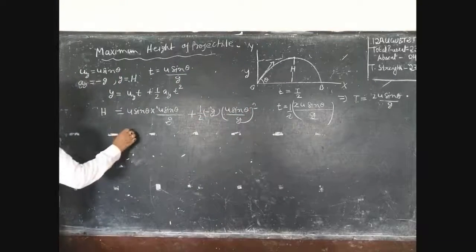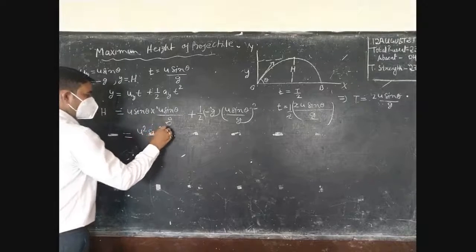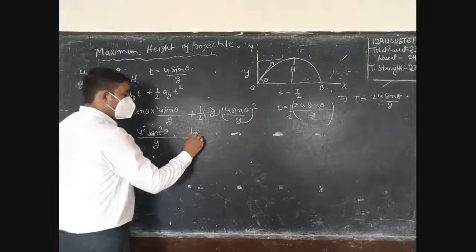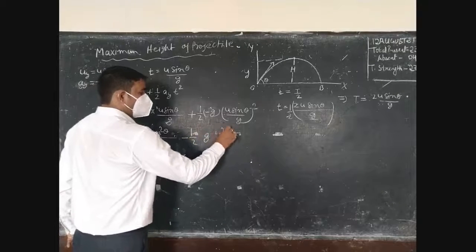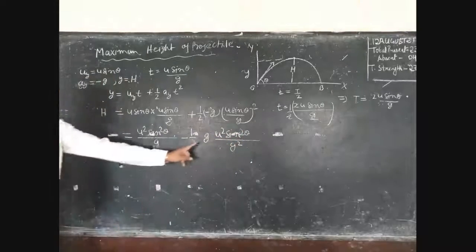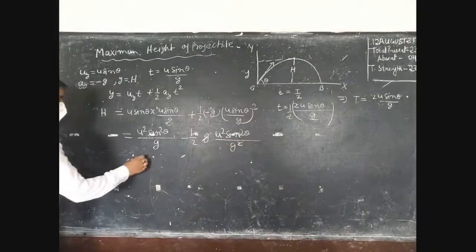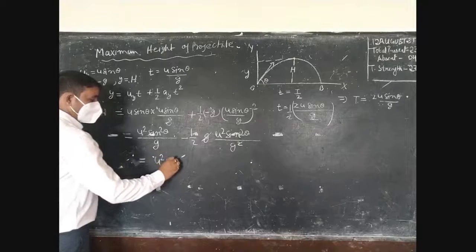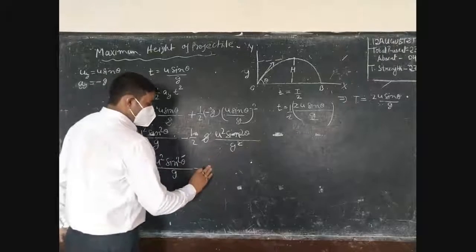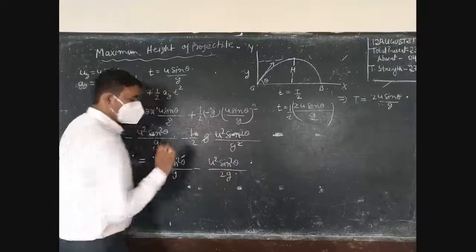Therefore you will get u into u is u square sin square theta upon g, and minus half g into u square sin square theta upon g square. This g cancels one g of the denominator g square. You will get u square sin square theta upon g minus u square sin square theta upon 2g.